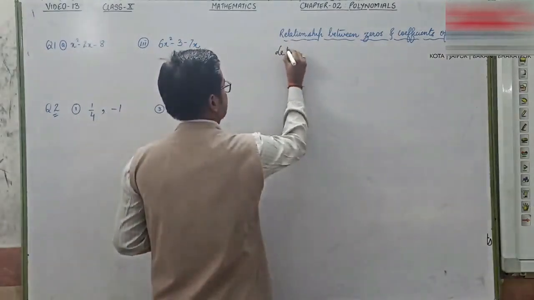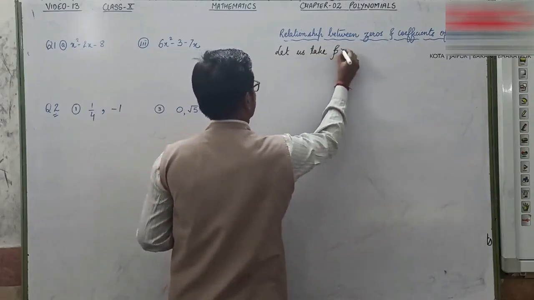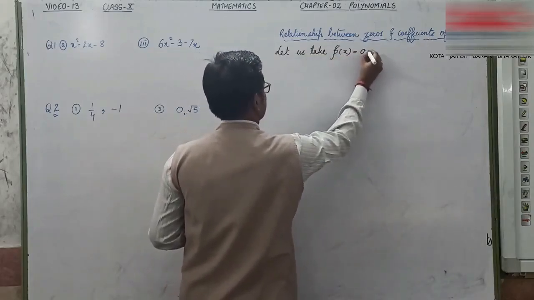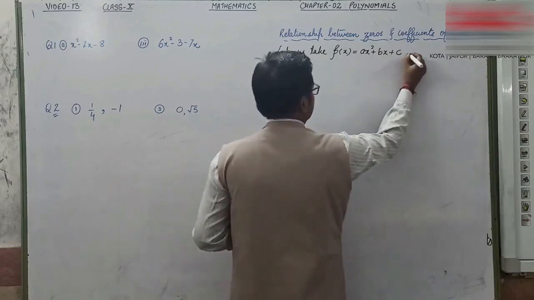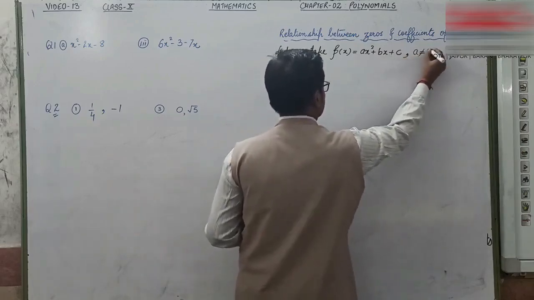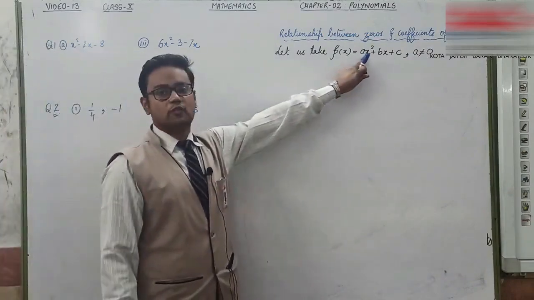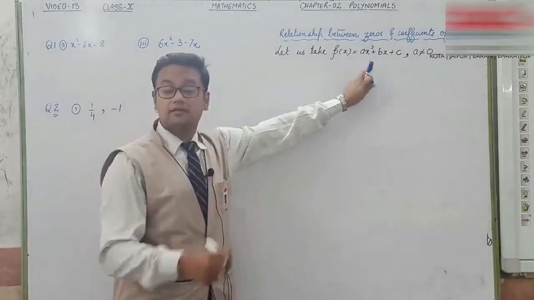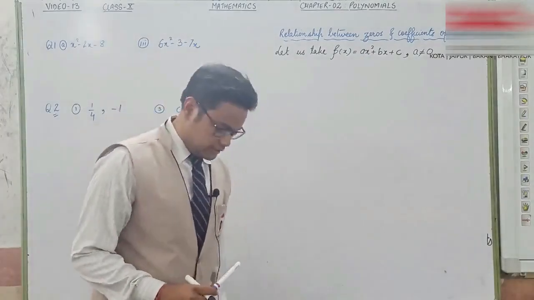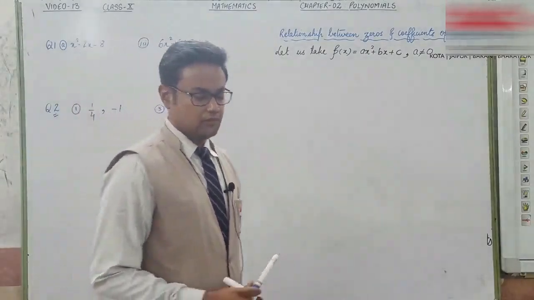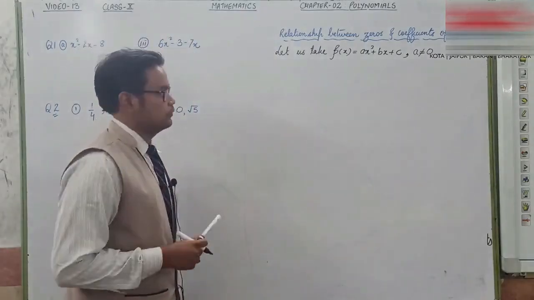So let us take P(x), the quadratic polynomial, as ax² + bx + c, with the condition that a cannot be 0. If a is 0, the second degree term x² vanishes, and the polynomial gets reduced to a linear polynomial, failing our purpose of understanding the topic.